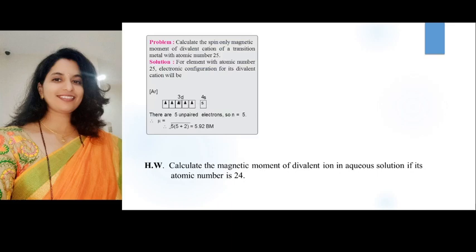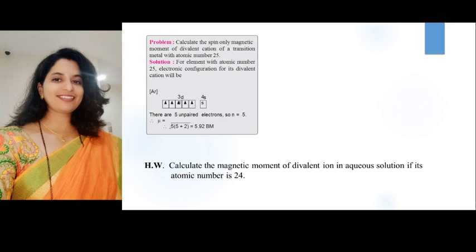Now see this problem. Calculate the spin-only magnetic moment of the divalent cation of a transition metal with atomic number 25. It has electronic configuration 3d5 4s0. So there are 5 unpaired electrons.